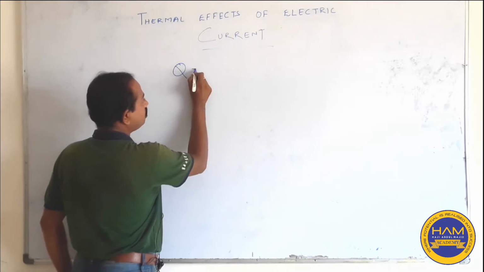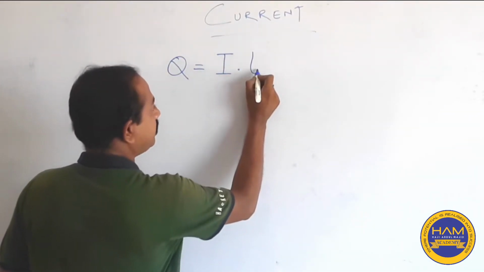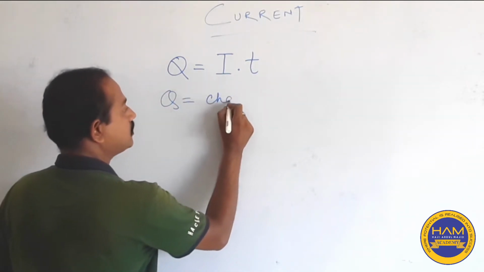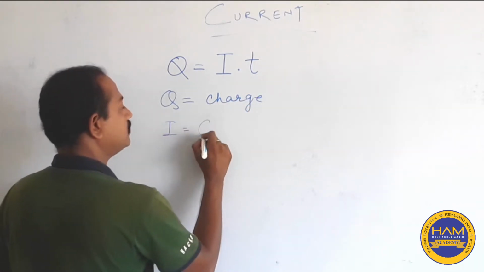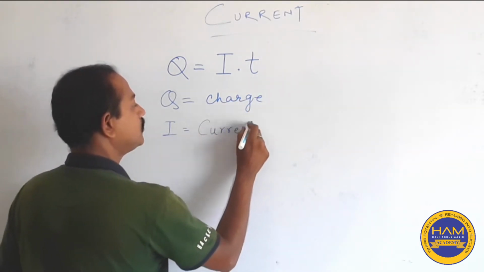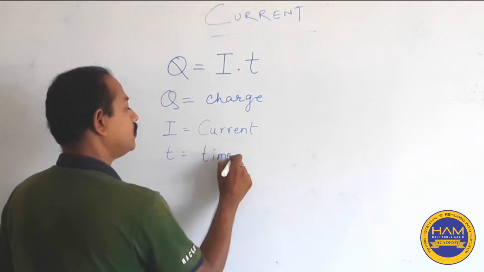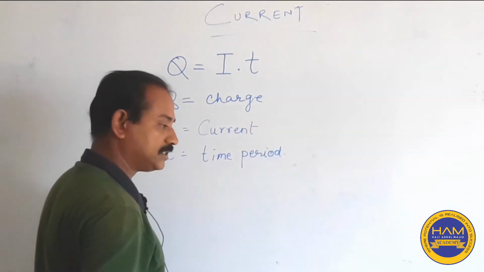As per the equations of current, what do we have? Q is equal to I multiplied by T. Now, what is Q? Q is the charge, I is the current, and T is the time period, for how long the charges are flowing.